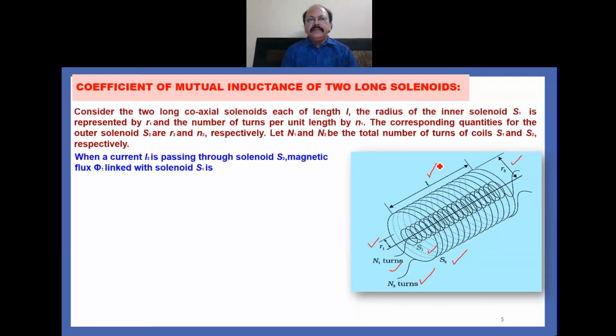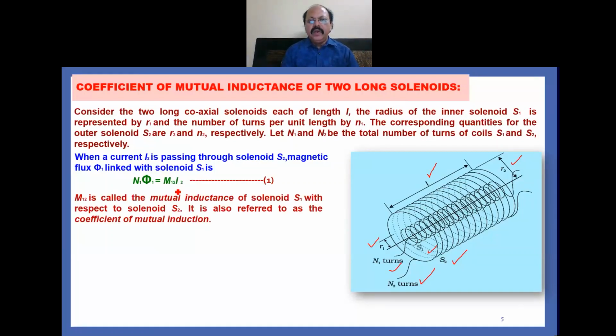Now we say that I2 current is passing through the solenoid S2, then the magnetic flux linked with S1, that magnetic flux is N1 phi 1 equal to M12 I2, where M12 is the mutual inductance of solenoid S1 with respect to S2. It is also referred to as the coefficient of mutual induction, right? So mark this equation 1.